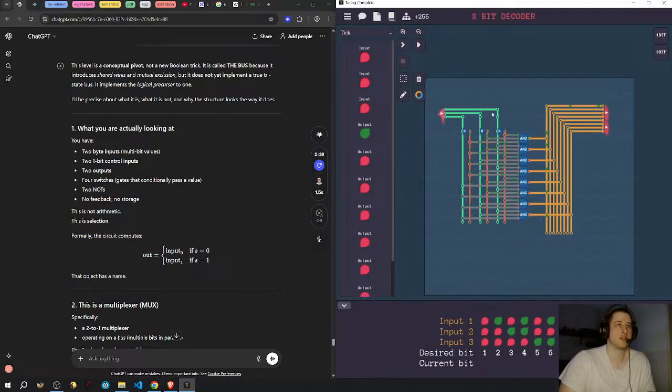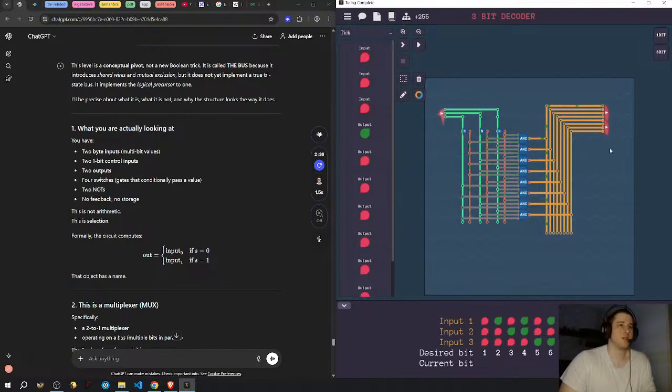Selector, like the name says, is going to select which output or which input means something or not, which is different from being turned on or not. Like if the selector is off, it doesn't matter what the input does. It's not going to count. And if the selector is on, then the input counts. So it could be either 0 or 1, from what I remember. Not sure if it is correct.